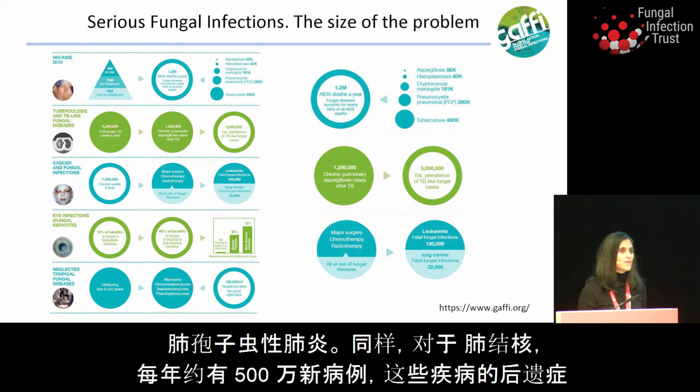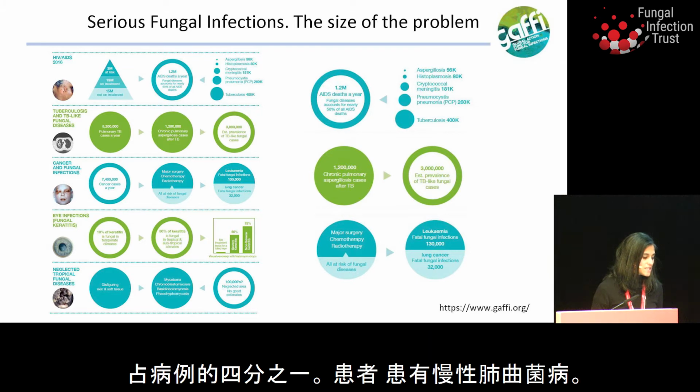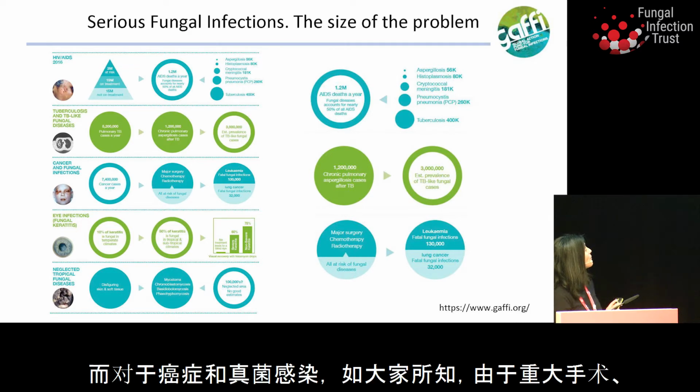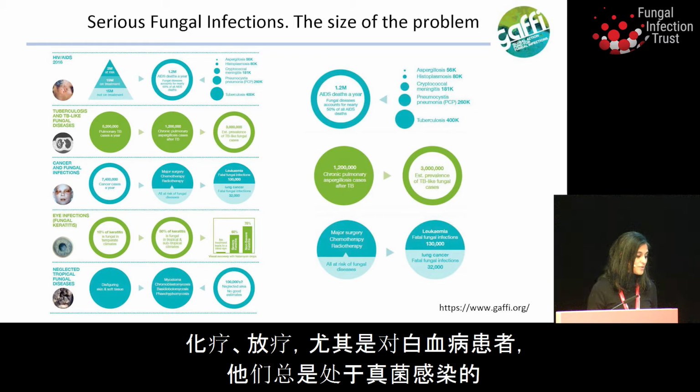Also, for tuberculosis, there are around 5 million new cases a year, and as a sequela, in 1/4 of cases, they have chronic pulmonary aspergillosis. And cancer patients, as you all know, are always at high risk for fungal infections due to major surgery, chemotherapy, and radiotherapy.